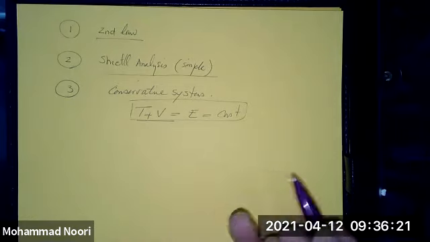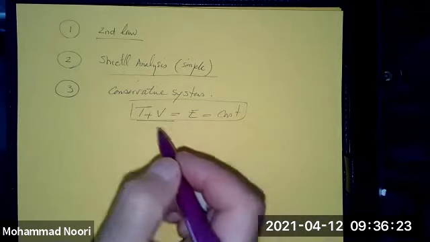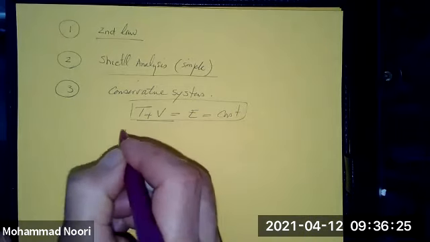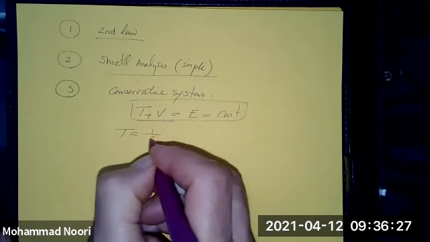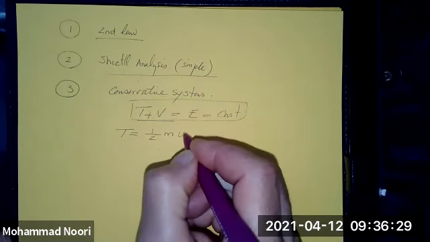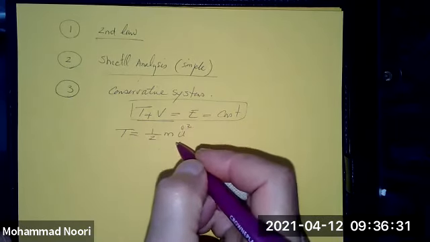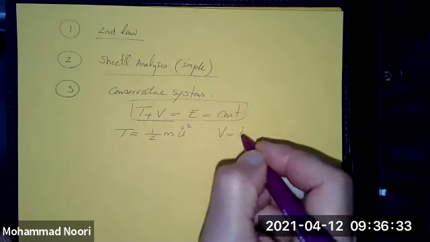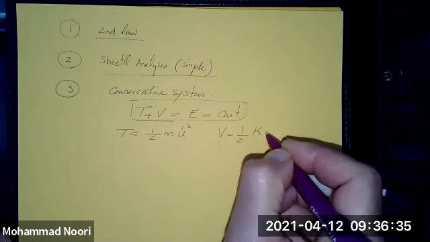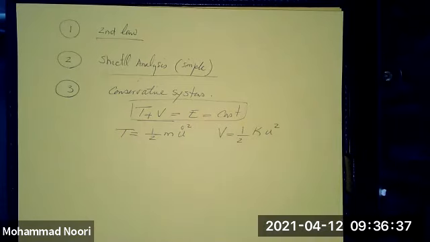First of all, what is kinetic energy? Kinetic energy is 1/2 of mass times the velocity squared, and potential energy is 1/2 k times displacement squared. That's the definition.